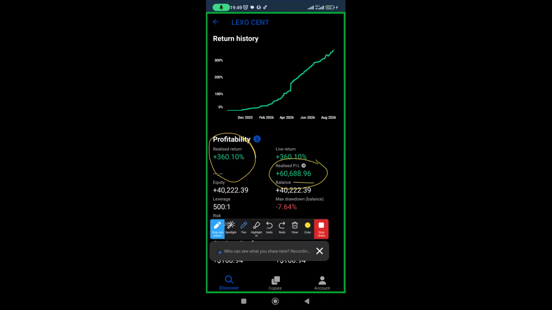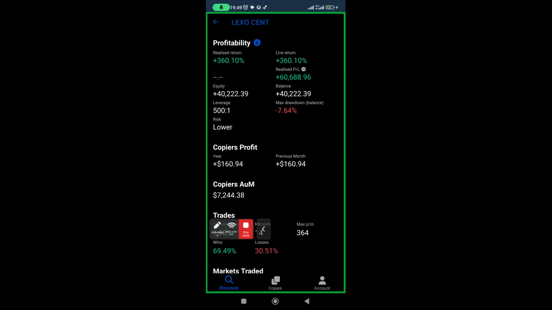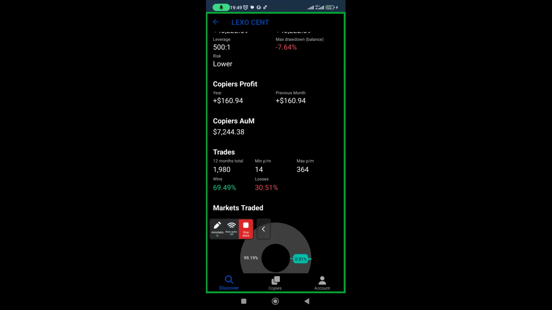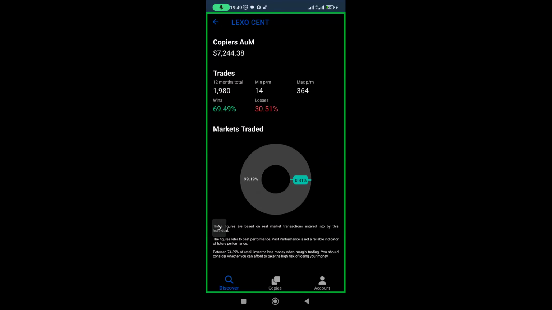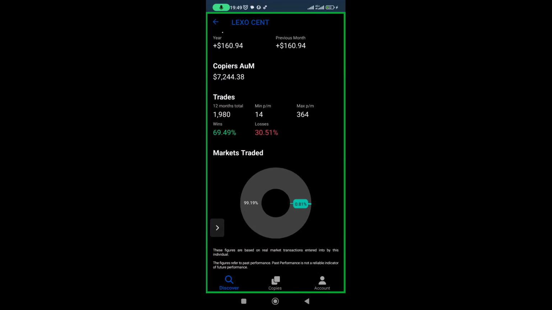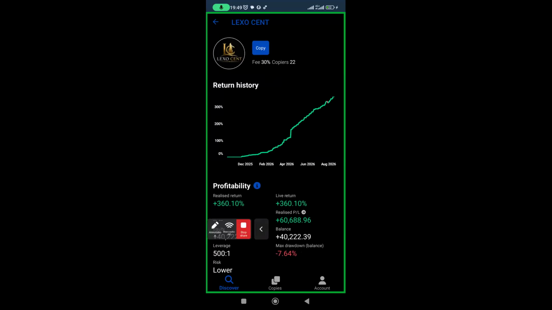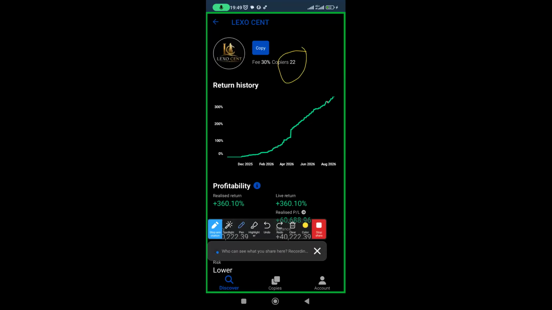Currently the balance of the trader is around 40,000 cents. If you check other statistics, you also get to see the total number of trades the trader has taken since he started trading, and how many traders are currently copying this trader. You get to see all that information.